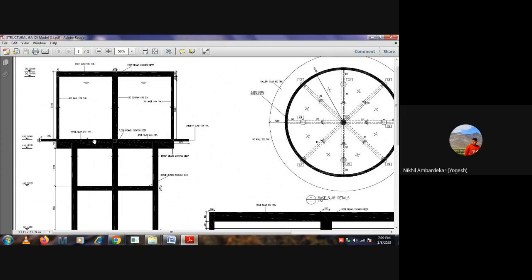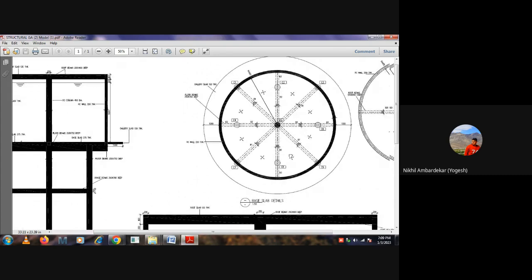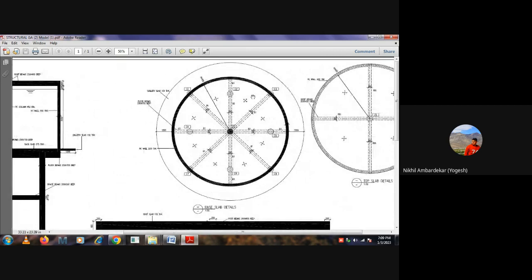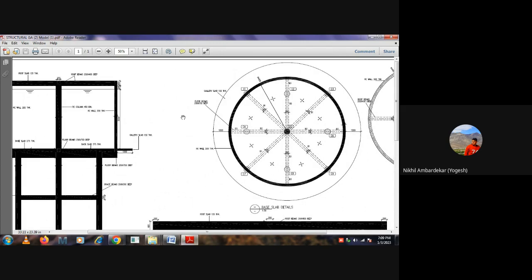Yes, sir. At this level, if I want to take a plan view, what will it be? This is the peripheral 1.2 meter cantilever slab. This is a 200 thick circular external wall of the tank, and we have some beams placed to support the base slab of the water tank, and some vertical columns.